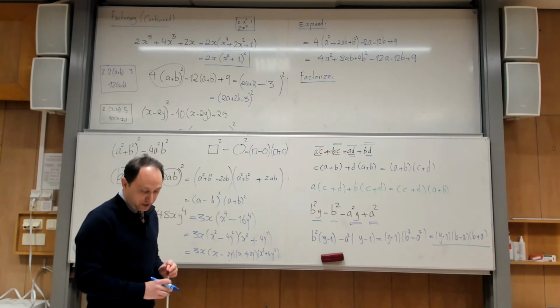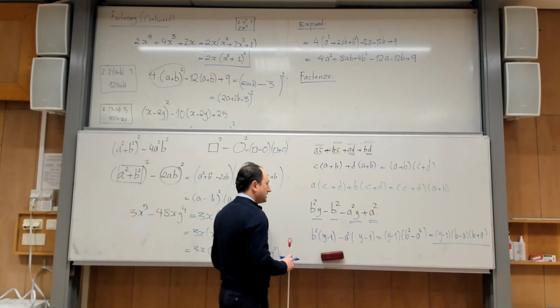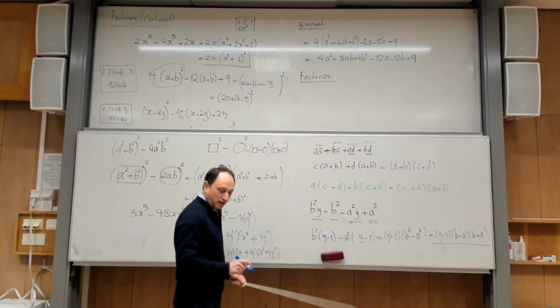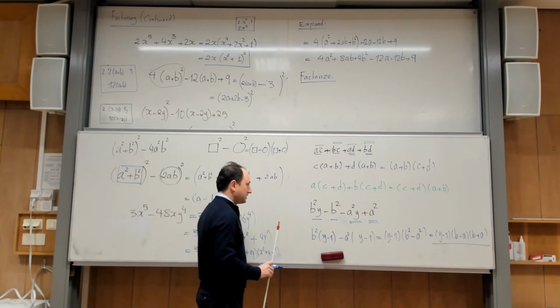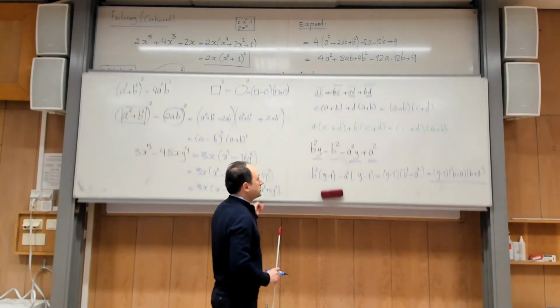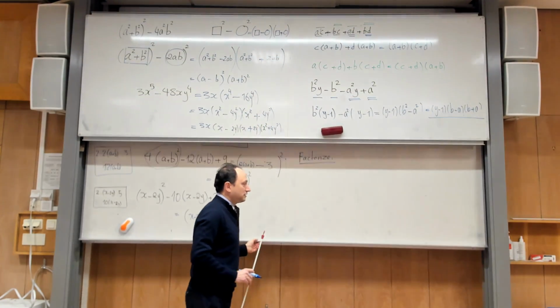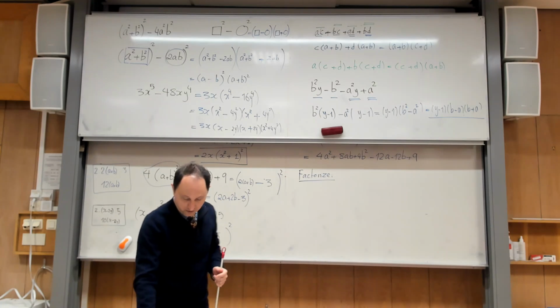I can give you a little bit harder one if you are working for a challenge. So here I have this. I don't think it is in the book at this level, but at this level it was. But let me write something here. Can you tell me how I can factorize this one?